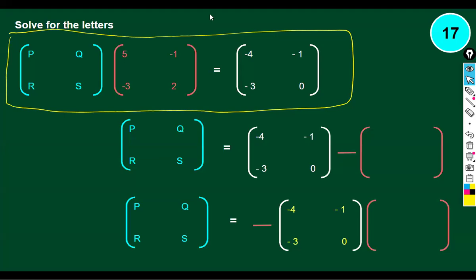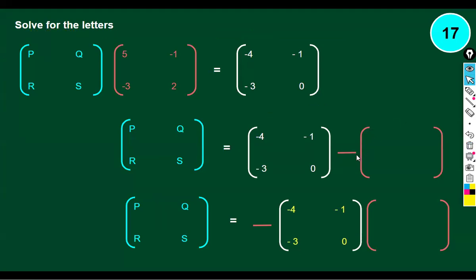All right, so let's go. The concept is still the same. If we are solving for P, Q, R, and S, that means we need to keep P, Q, R, and S on one side and everyone else on the other side.